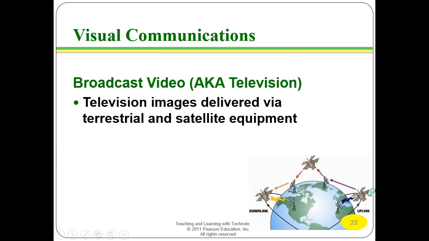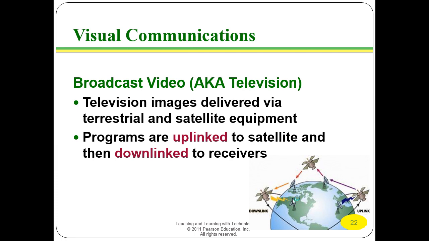It goes to a satellite and is kind of linked from place to place, and then downlink to some site, and then distributed to all the users. And certainly programs are uplinked to satellites and downlinked back to Earth.